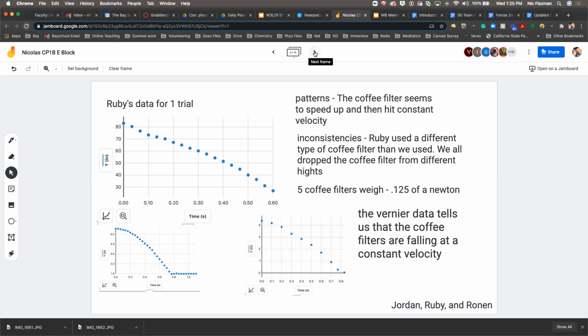When we looked at our graphs, I'm looking at my graph right now. You can see that the curve starts pretty slow, almost straight, and then it curves downwards, and then at a certain point, about a third of the way through, it's falling at a consistent slant. So it speeds up more towards the middle.